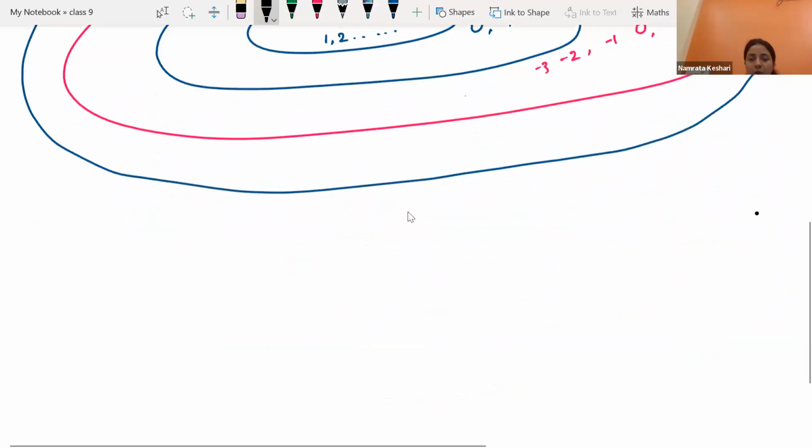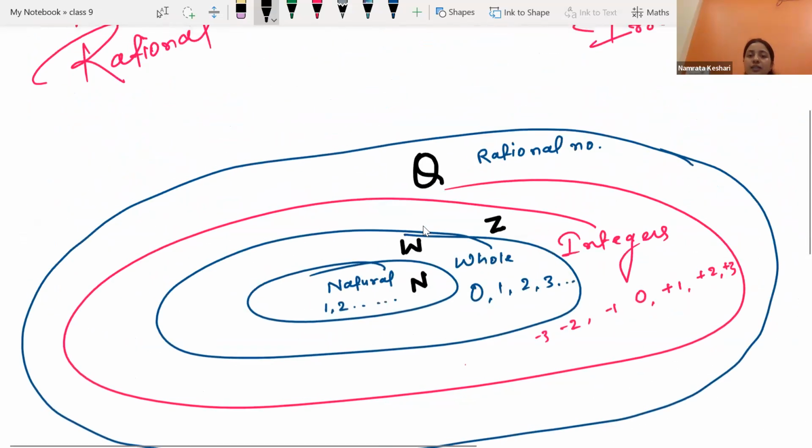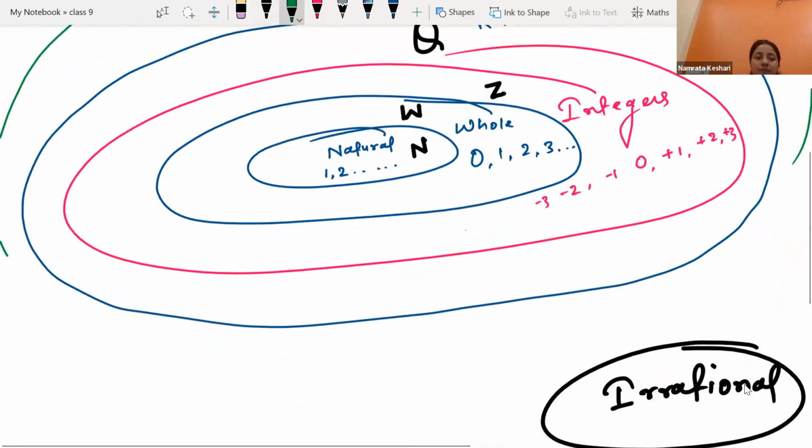Over here I will draw a circle and write irrational. So you can see irrational numbers are completely different. I am coming to examples of which type of number we call irrational. And now I will draw a huge bigger circle containing all of this and irrational also. That is called real numbers.